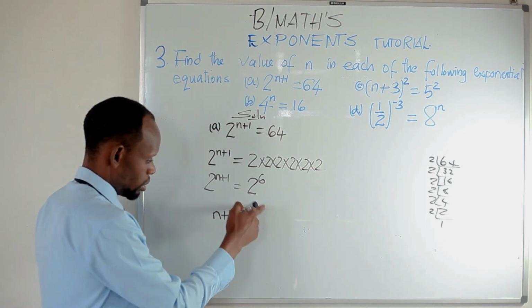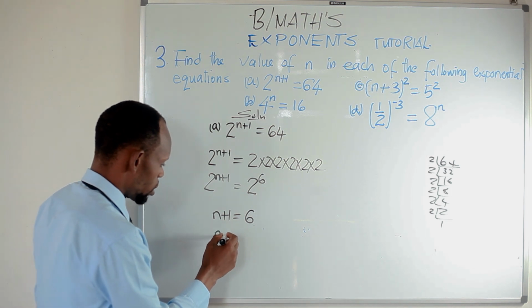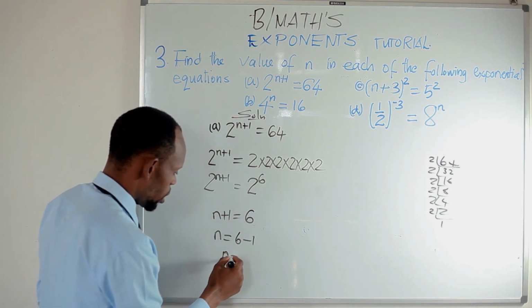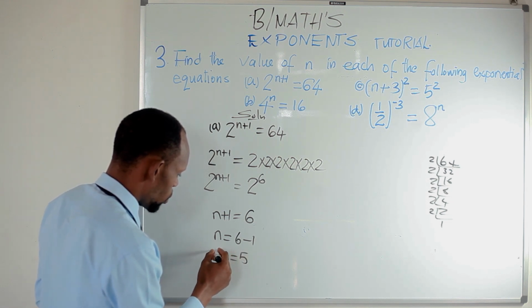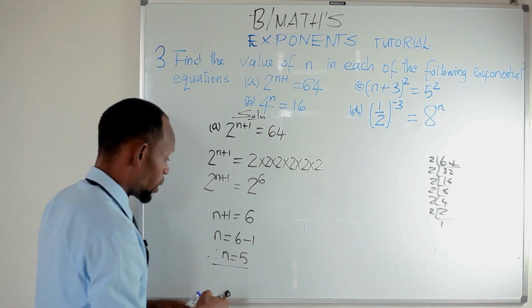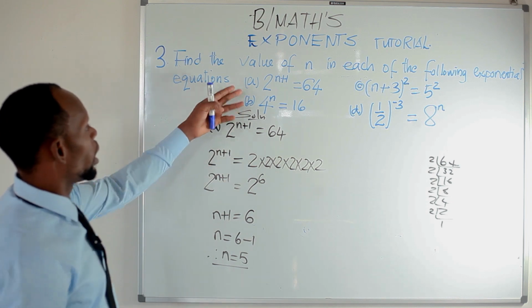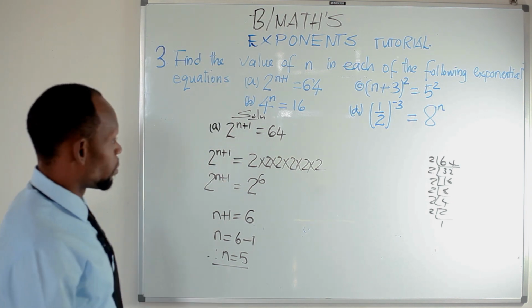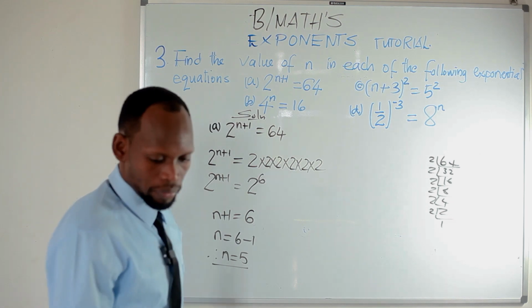So 1 goes to the other side: n equals 6 minus 1. Therefore, n equals 5. So in question A, you have got n equals 5. Let's go for B.